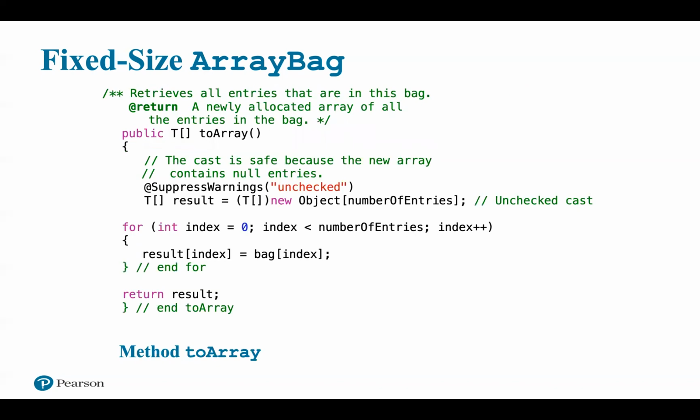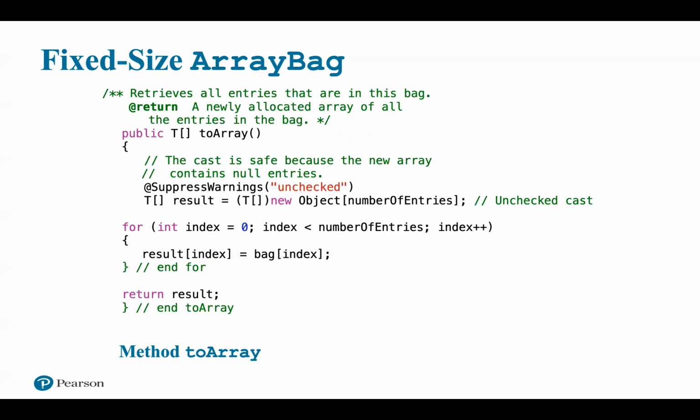Then we have the method toArray. The last method is toArray. It retrieves the entries that are in the bag and returns them to the client within a newly allocated array. The length of the new array can equal the number of entries in the bag, that is numberOfEntries, rather than the length of the array bag.